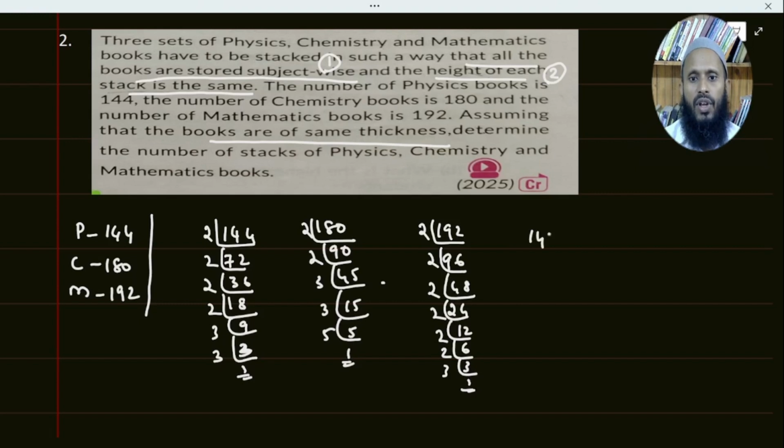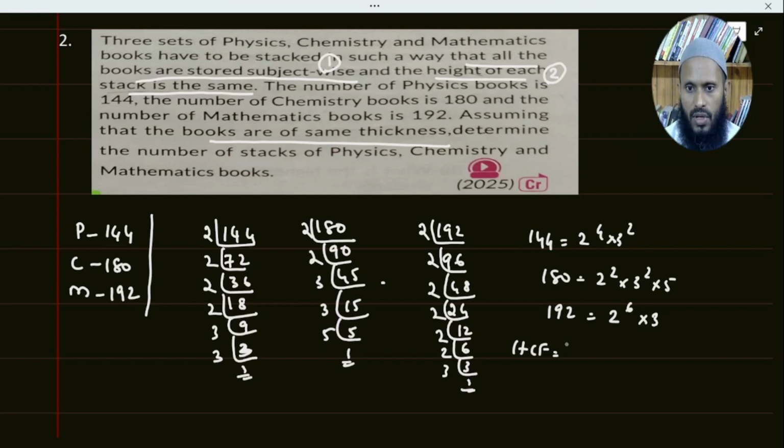So 144 is equal to 2 raised to 4 into 3 square. 180 is equal to 2 square into 3 square into 5. 192 is equal to 2 raised to, how many 2s are there? 1, 2, 3, 4, 5, 6. 2 raised to 6 into 3. Now HCF will be the product of the smallest power of each common prime factor involved.